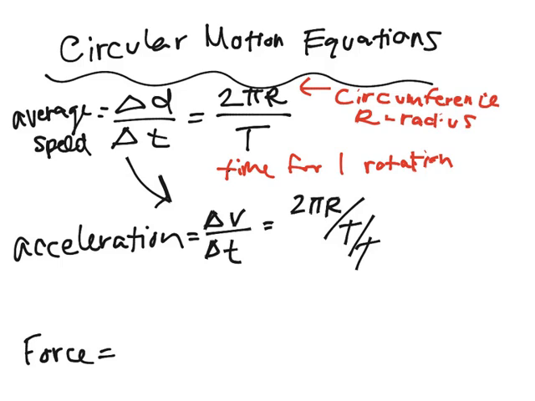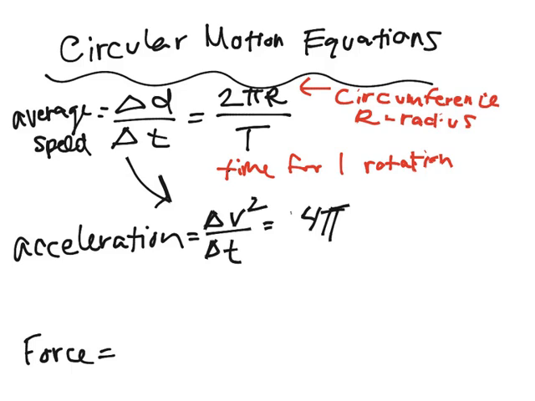You can only measure it going around once, so this doesn't quite work. So instead, we're going to take the velocity over time, or you can also write it, we're going to have to essentially square the velocity. So it's going to look something like this.